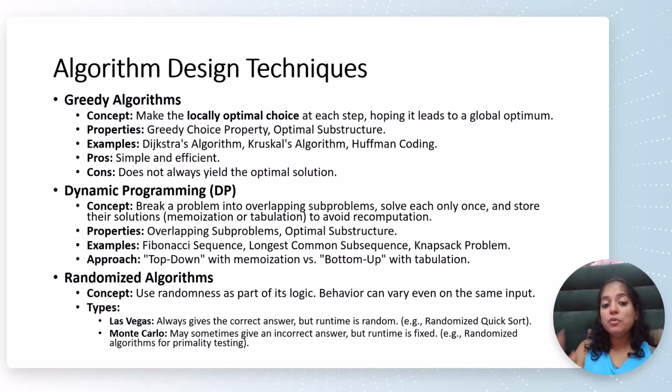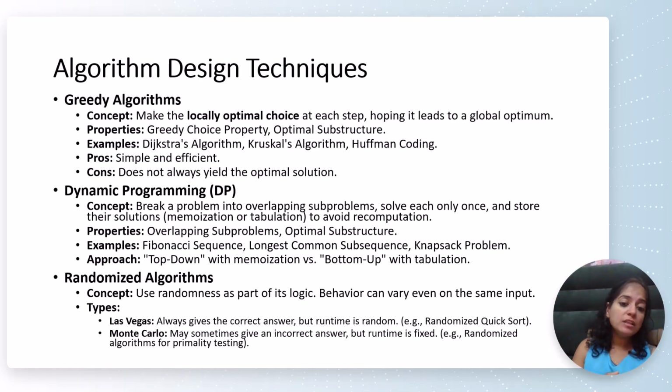So Fibonacci 2 you need to calculate twice. Dynamic programming says if you have calculated the value of Fibonacci 2 once, store it somewhere, and if you need it again, just take the value from there, do not recalculate it. There are a number of problems which can be easily solved using dynamic programming.